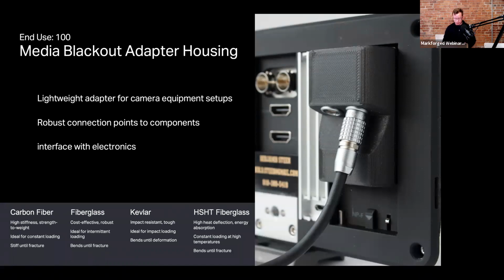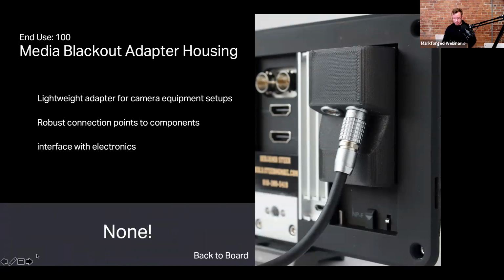I sort of threw in a red herring there, saying that it had to be robust and lightweight. One thing you need to think about is that if you were machining this, it would still be very heavy out of metal. So even just by 3D printing it, you're reducing that weight a whole lot.